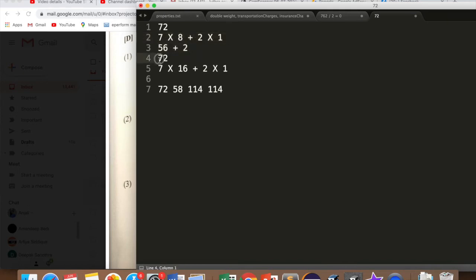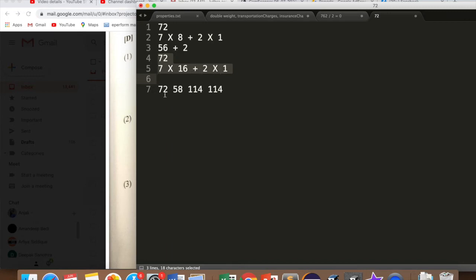In the same way, when you have 0x, that means it's a hexadecimal number, and that conversion is done like this: 7 into 16 raised to the power 1 plus 2 into 16 raised to the power 0. Any number raised to the power 0 means 1. So it is going to be 112 plus 2, 114.